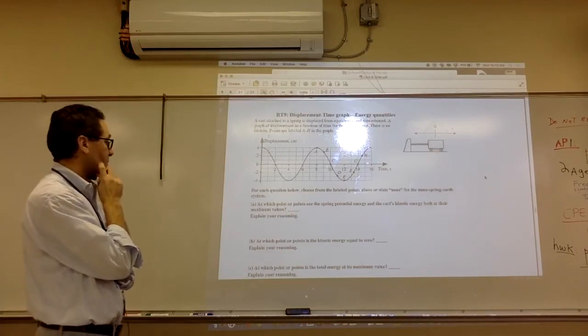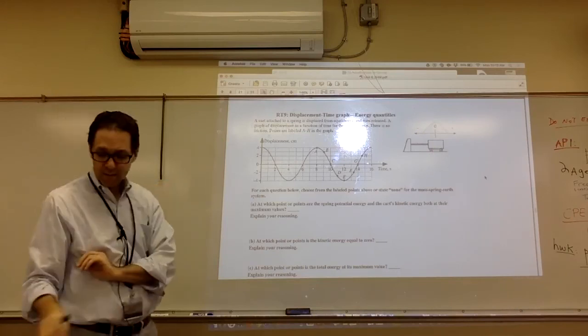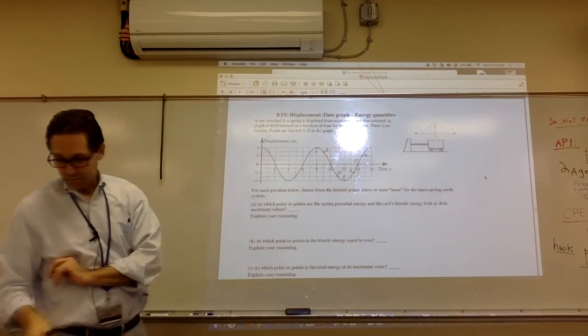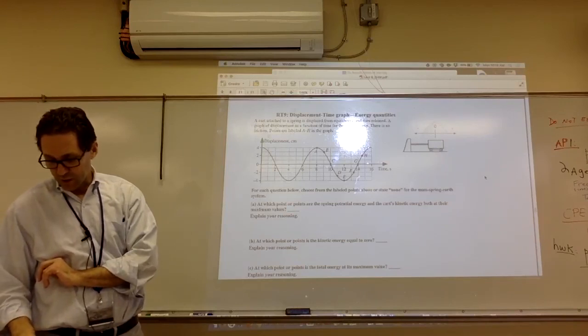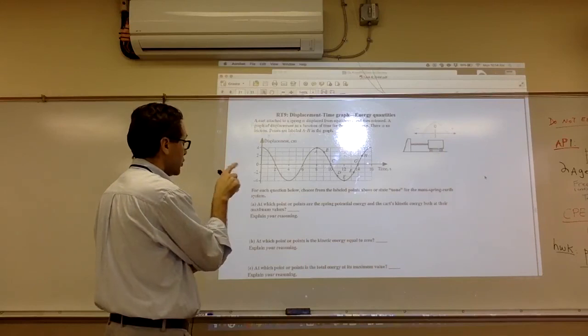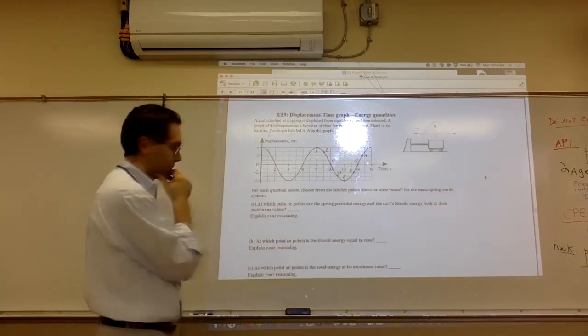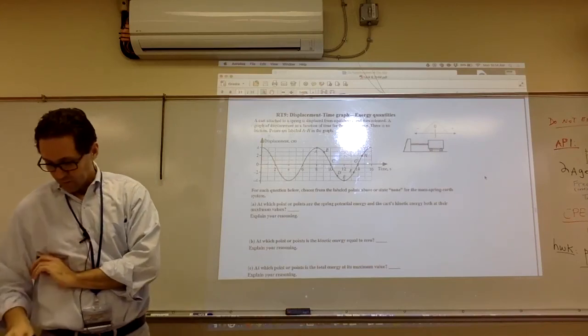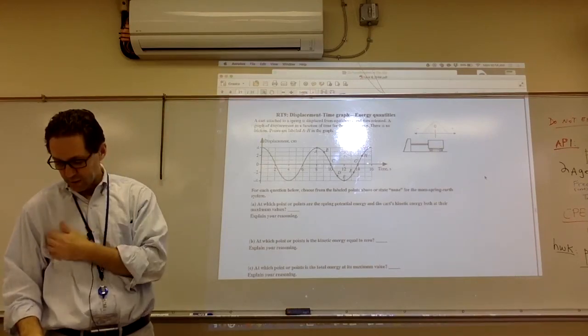All the time, because total energy stays constant no matter where. At which point or points is the spring potential energy negative? It's never negative because of that x squared. Energy is a scalar quantity, so we can't talk about negative energy.